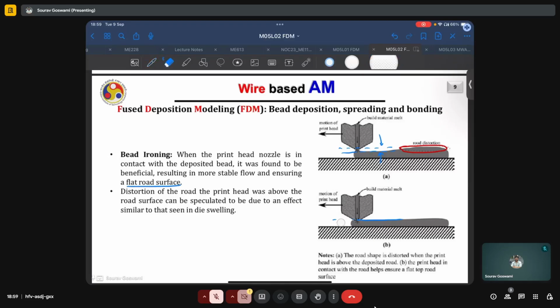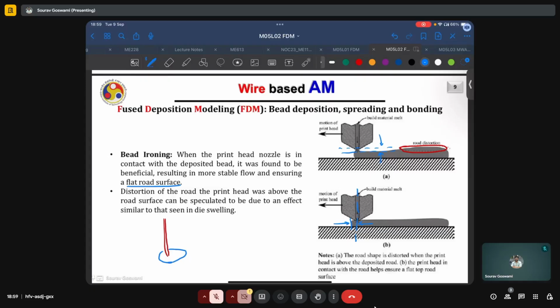In this case, another difference which we can clearly see is that there is a significant amount of deposition ahead of the deposition head, which we also see in processes like laser-based 3D printing, such as in SLM or DED, where, say, if this is the center position of a laser beam, you also have some material ahead of it and some material behind.